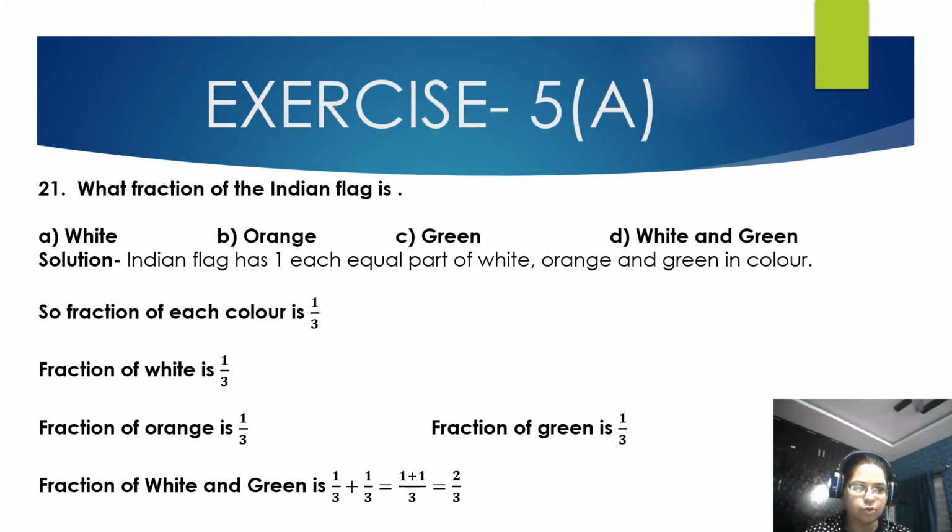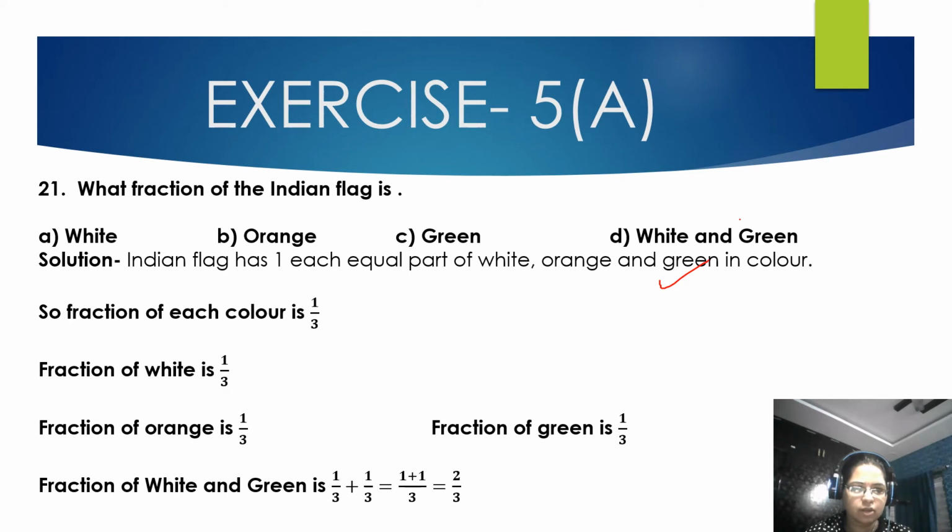Now we solve question number 21. The question is: what fraction of the Indian flag is white, orange, green, and white and green? The Indian flag has one equal part each of white, orange and green in color.